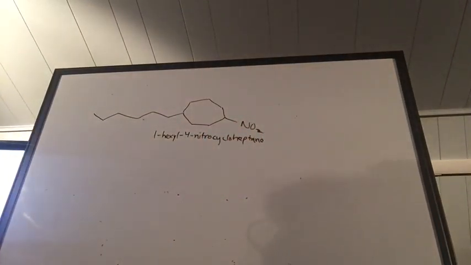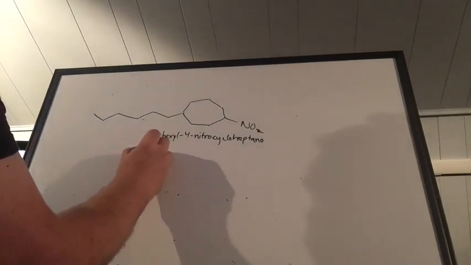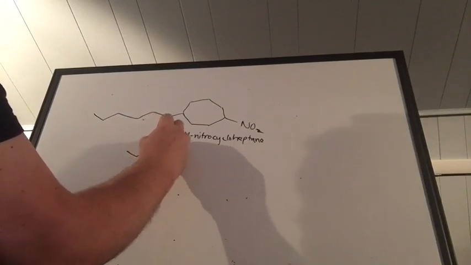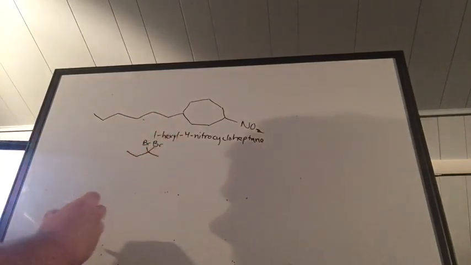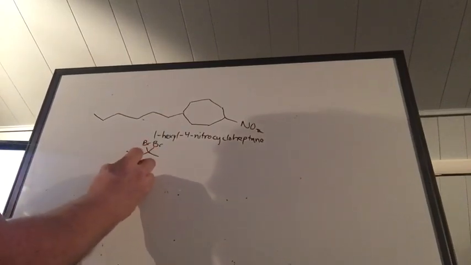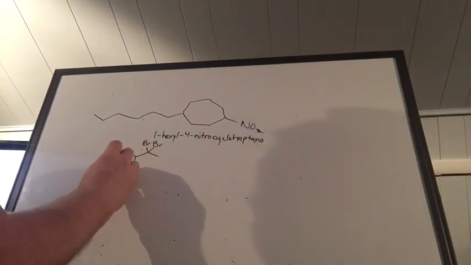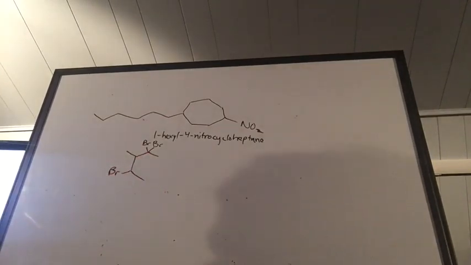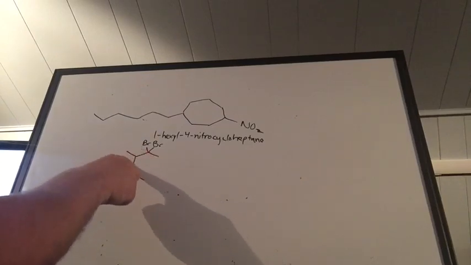All right. Next up, this one right here, which is going to have not 1 or 2, but 3 bromo groups hanging off the main chain. Okay, so the main chain is going to be 1, 2, 3, 4, 5.